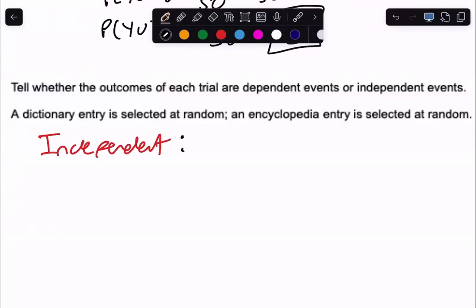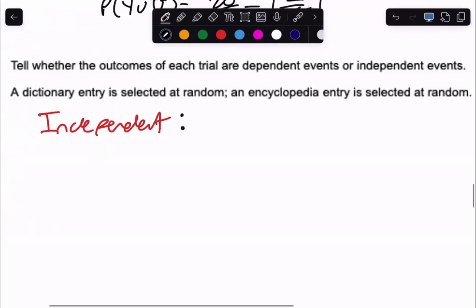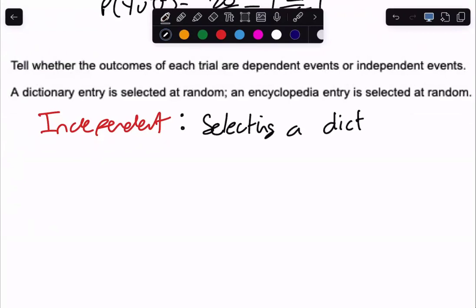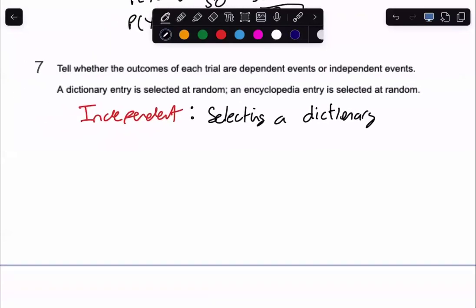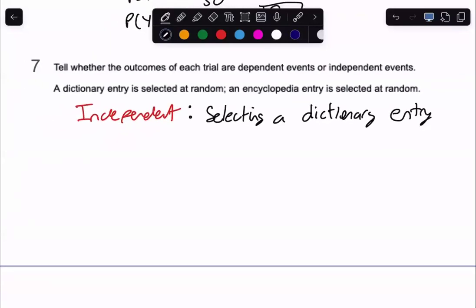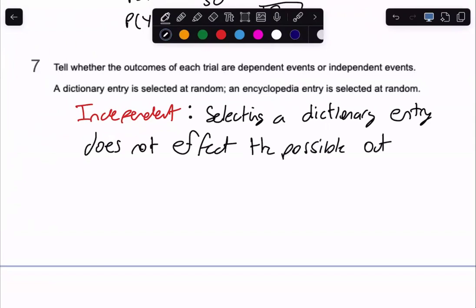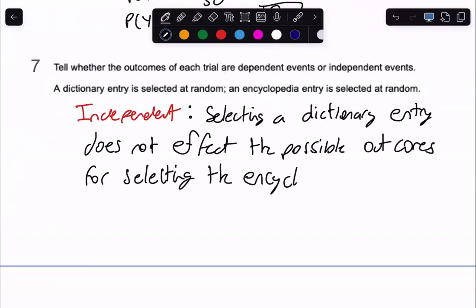The reason being is because selecting a dictionary entry does not affect the possible outcomes for selecting the encyclopedia entry.